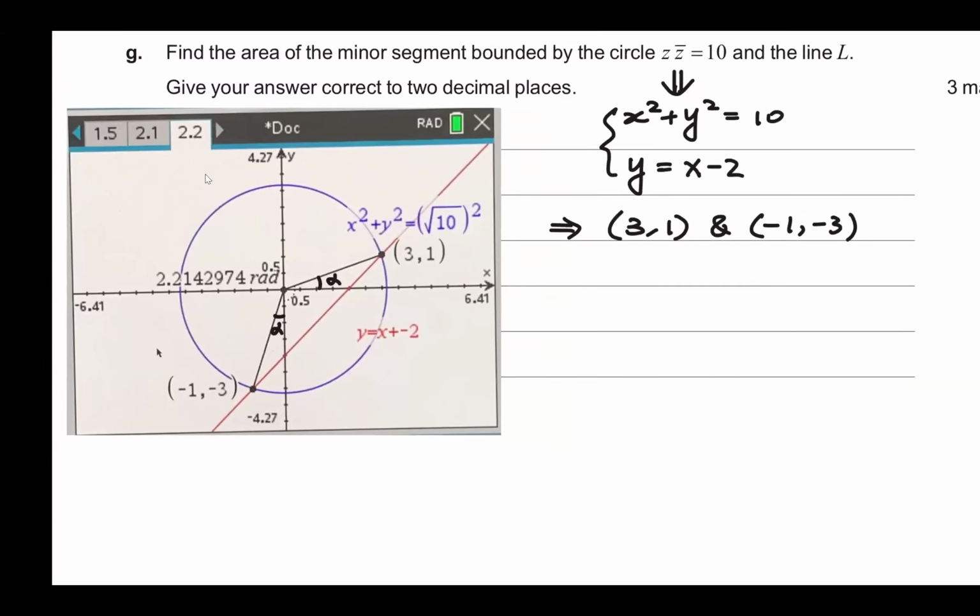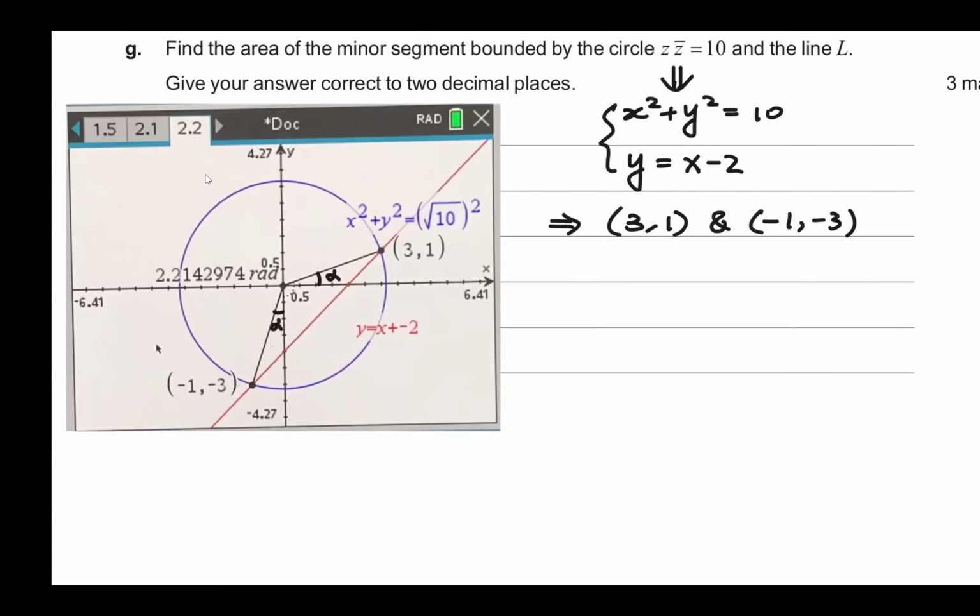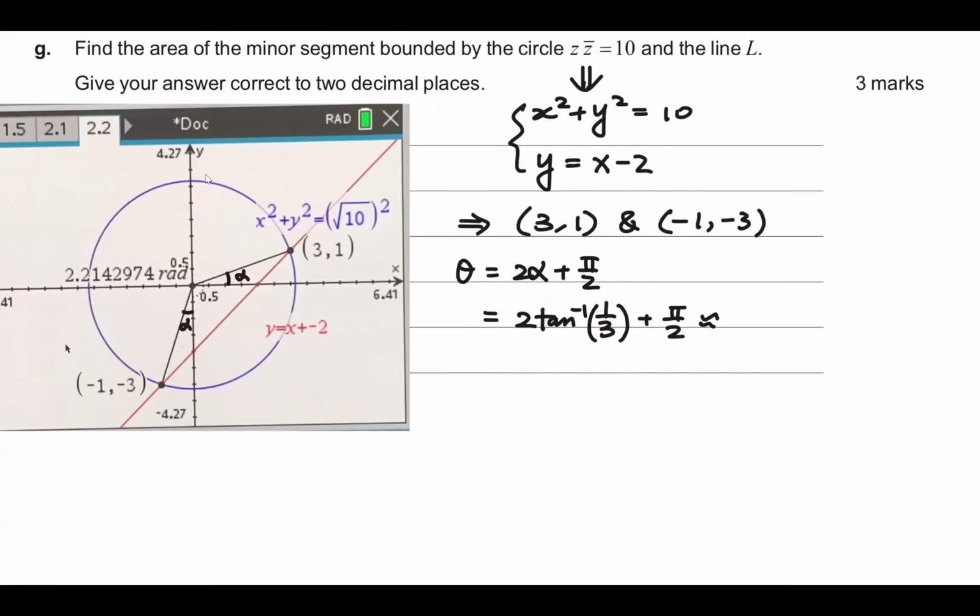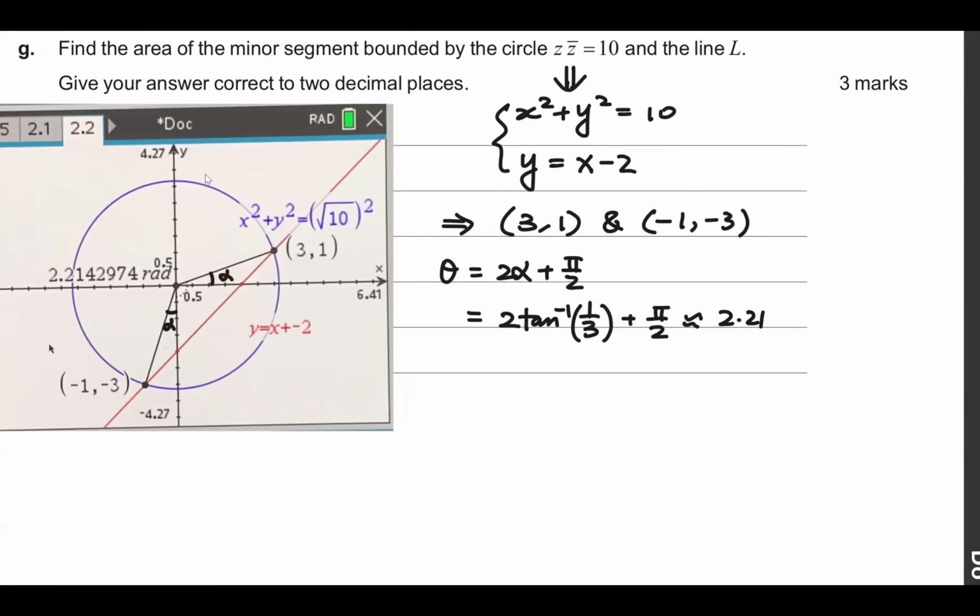Using the congruent triangle, theta equals 2 alpha plus half pi, equals 2 lots of tangent inverse of 1 over 3, plus half pi. And it's approximately 2.21429, and so on.